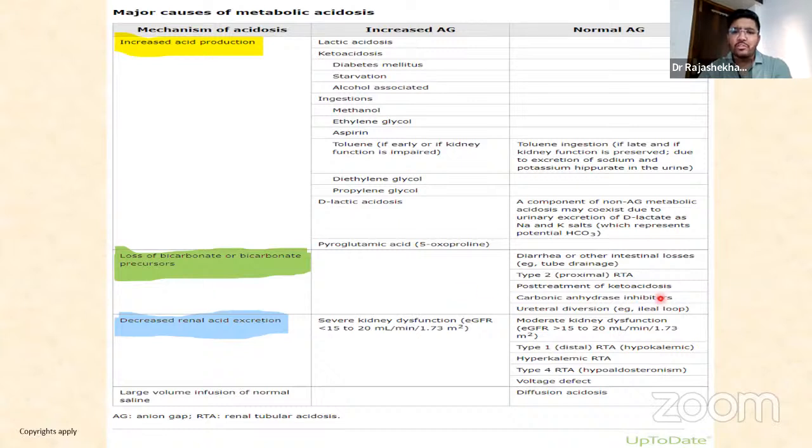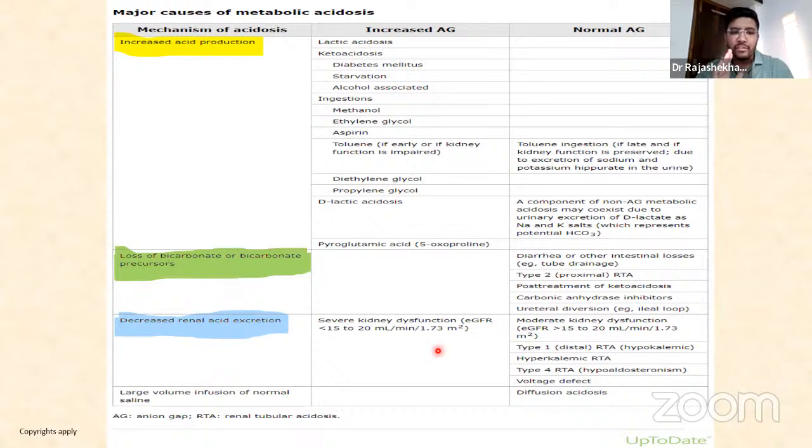The next most common cause is RTA, renal tubular acidosis, especially type 2 RTA, which is proximal RTA, mainly because of loss of bicarbonate reabsorption. In type 1, it is usually decreased acid secretion, whereas in type 2, it is loss of bicarbonate. The next common cause is that kidneys cannot excrete the acid normally produced in the body.